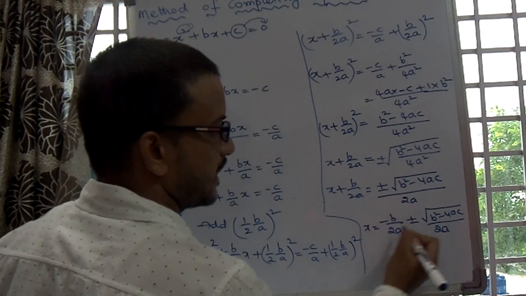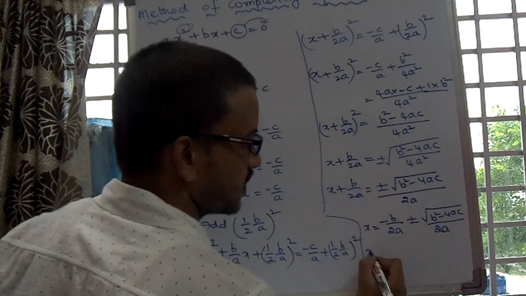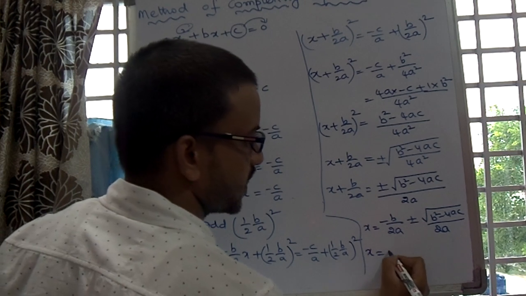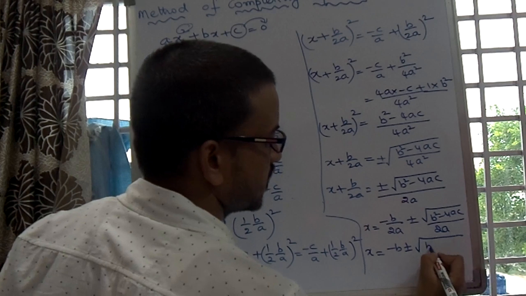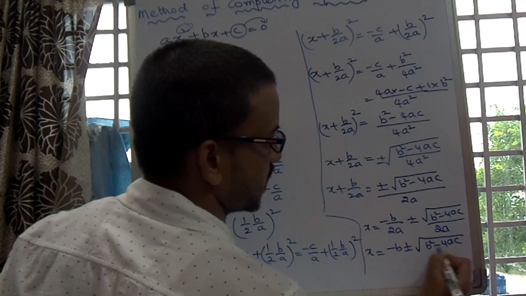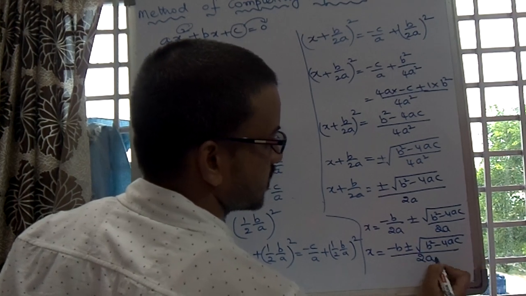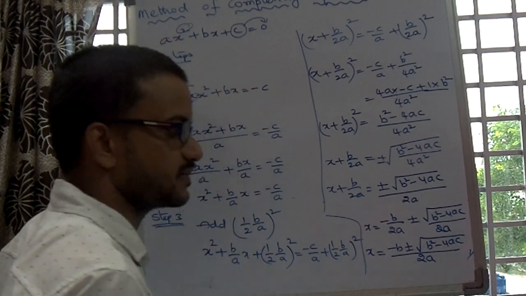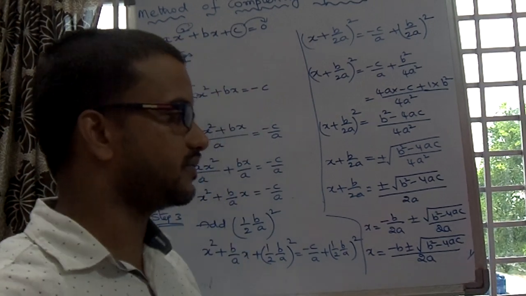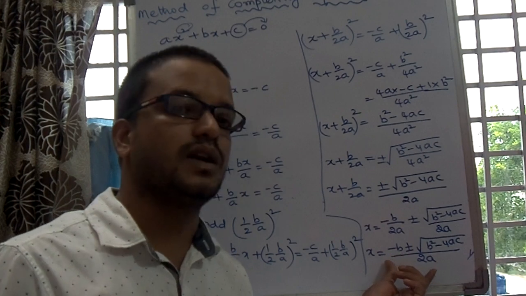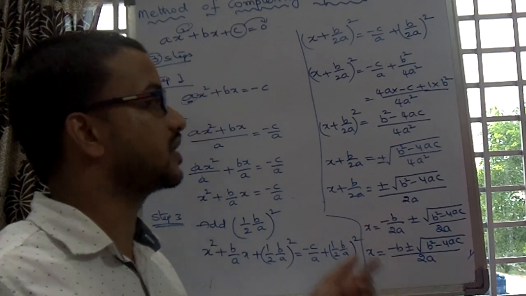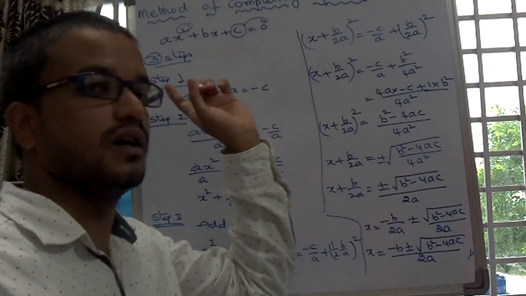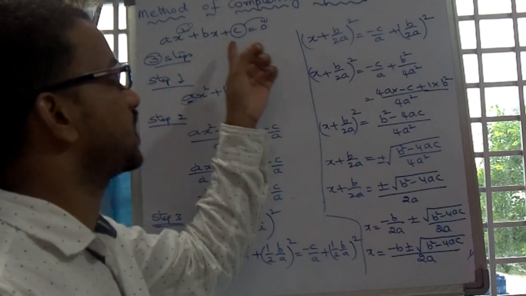We can take the LCM again to get the value of x. So x is equal to minus b plus or minus under root of b square minus 4ac by 2a. This is the value of x. Hereinafter we can consider this as the quadratic formula to find the roots, or the solutions, of the given quadratic equation.